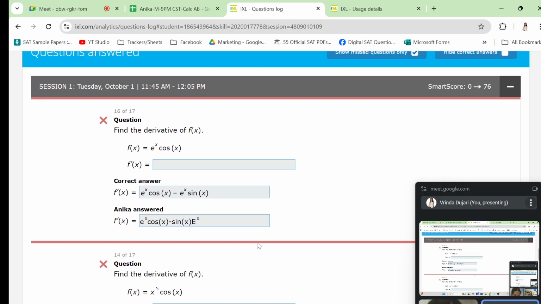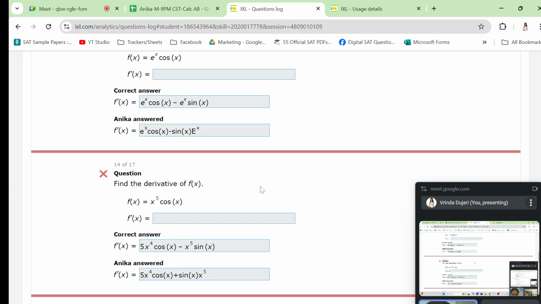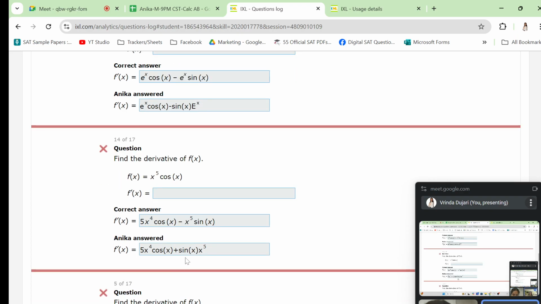I think now when you've done implicit differentiation, then this will seem very easy. I kept placing things the wrong way. At the first one we discussed, the second one you made a mistake. No, this is fine. Even if you're changing the order, like x raised to 5 times sine x, you can write it as sine x times x raised to 5. But I kept it as plus, not minus. That is the wrong thing.